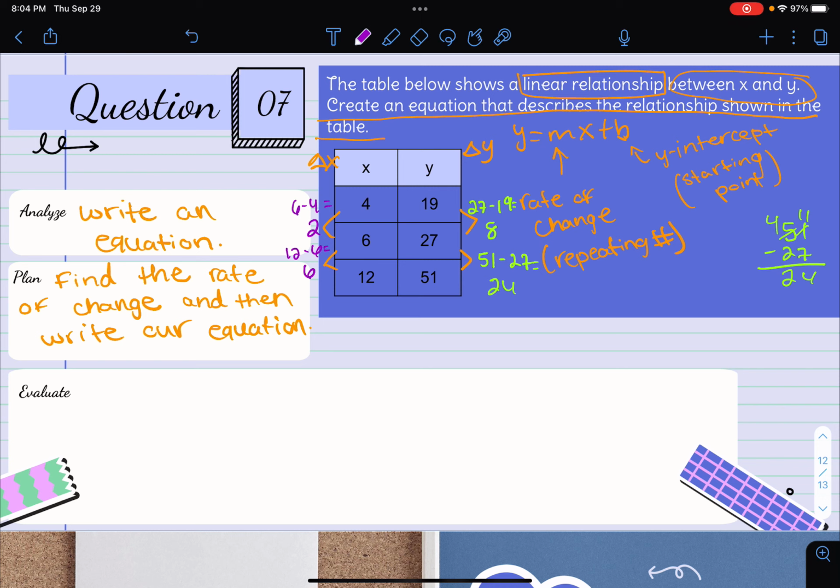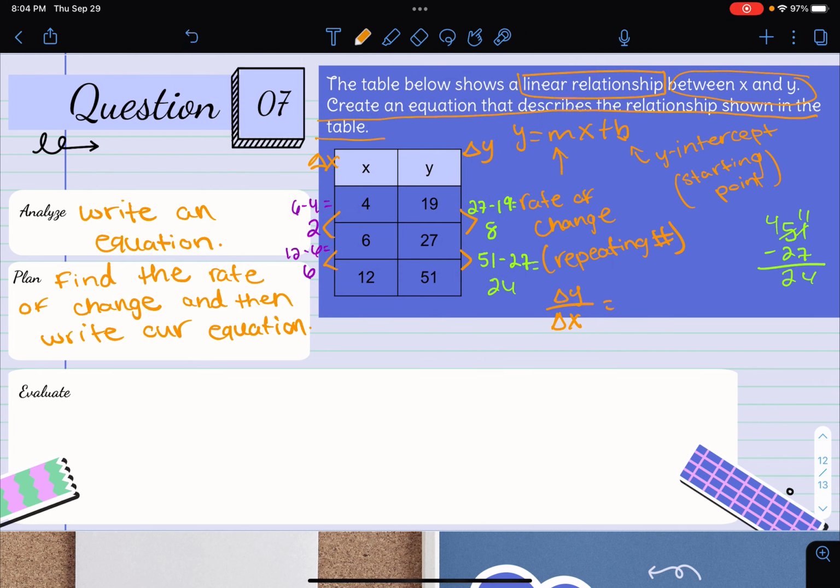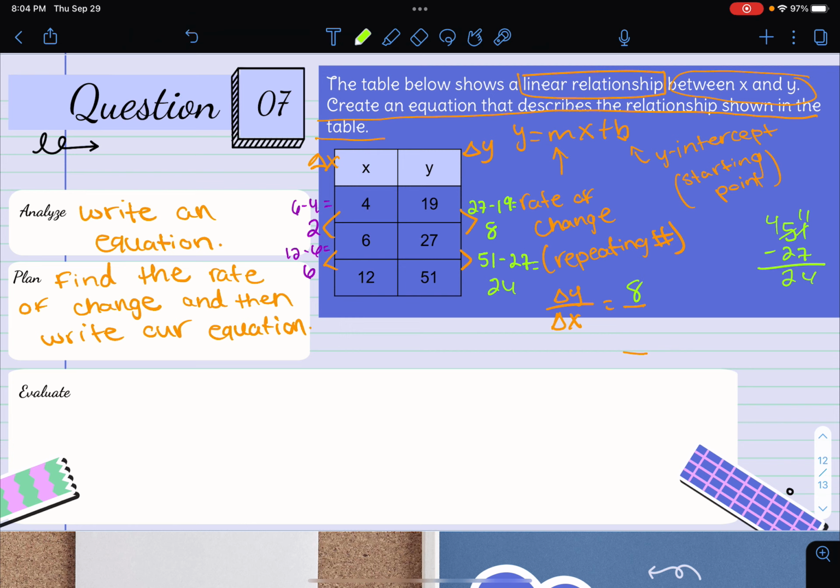But because, right? So now you're going to take your change of y and divide it by your change of x. So what was our change of y? So we have two different ones. We have 8 divided by 2. So let me see. So you have 8 and 24.